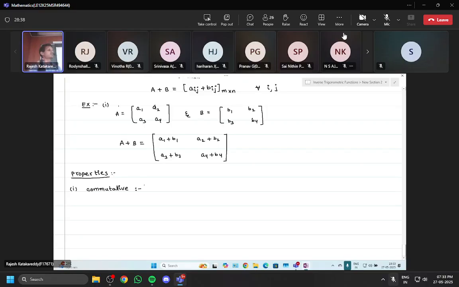A and B are of the same order. I can write A plus B equals B plus A for all A, B belonging to the set of matrices of the same order.